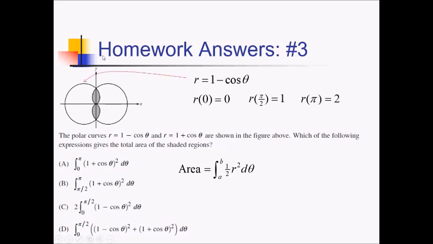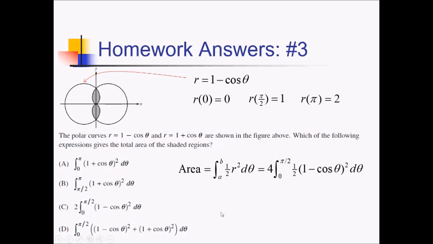So there's my curve that I'm going to be using for my r value. So let me do 4 times the integral from 0 to pi over 2. And again, that's going to be the 1 minus cosine curve here. So half of that squared, d theta. And let me see if that matches one of my answer choices.